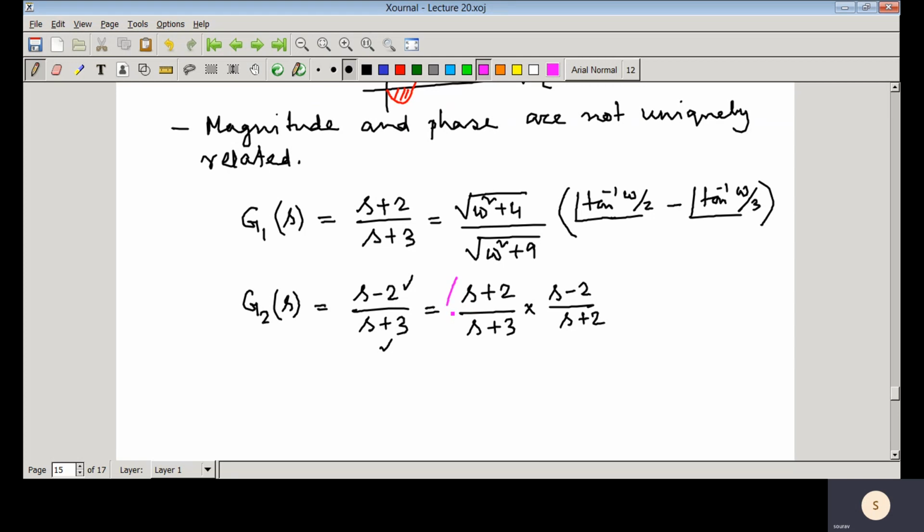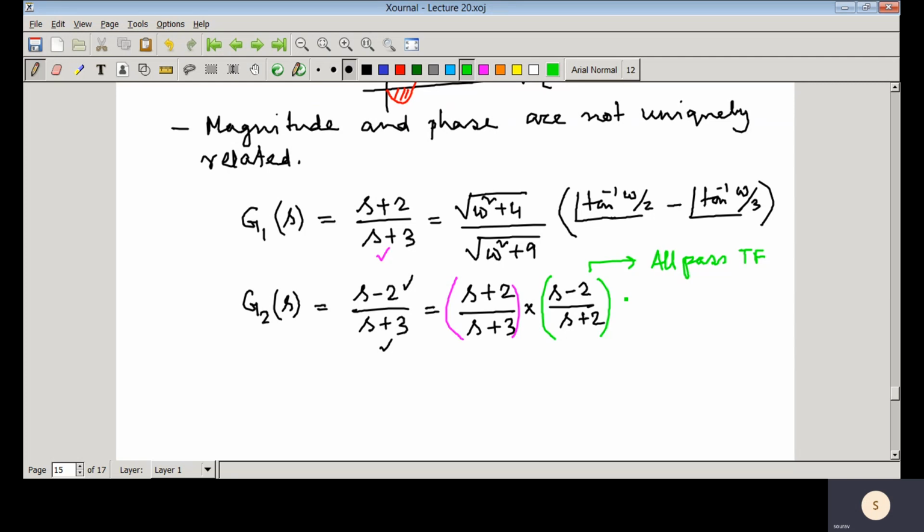You can see that this term is the original term, but we have one extra term, (s - 2)/(s + 2), and this factor is called the all-pass factor. All-pass transfer function means its magnitude is 1 at all frequencies.